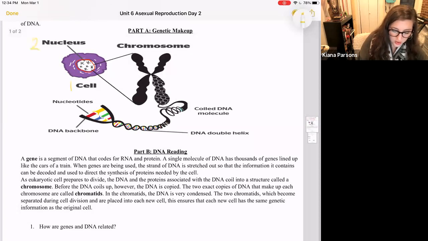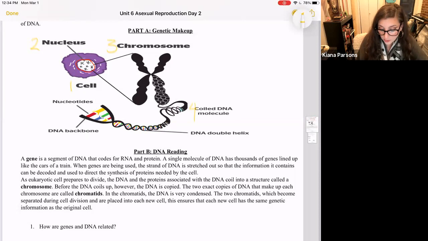Then we have the chromosomes. You can see there are many chromosomes inside of the nucleus. And then inside of each chromosome, there is the coiled DNA molecule. So this is going from largest to smallest here.